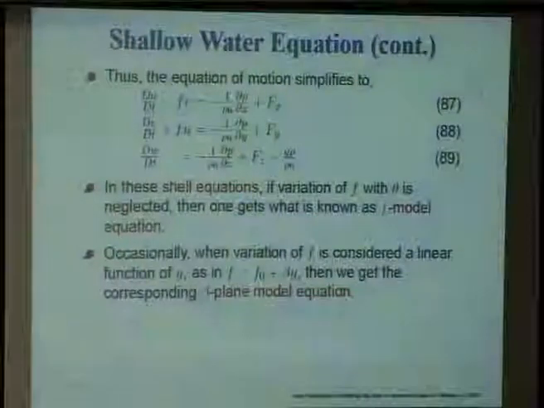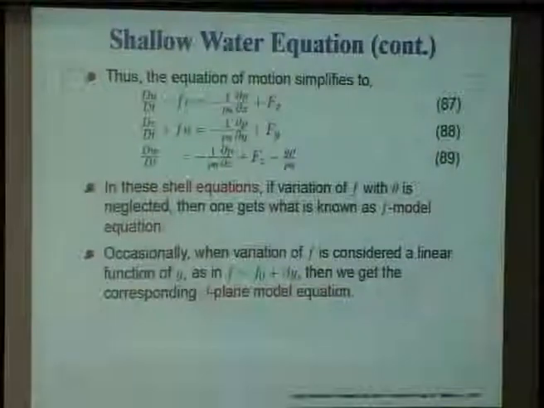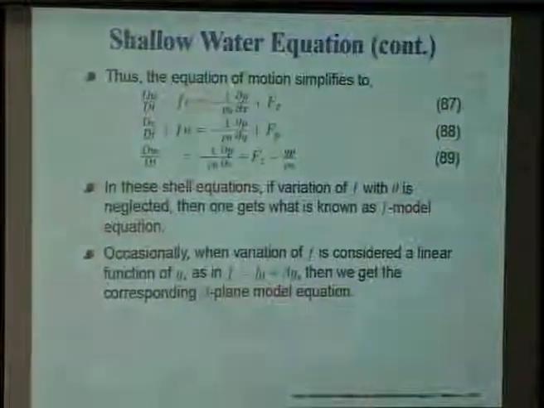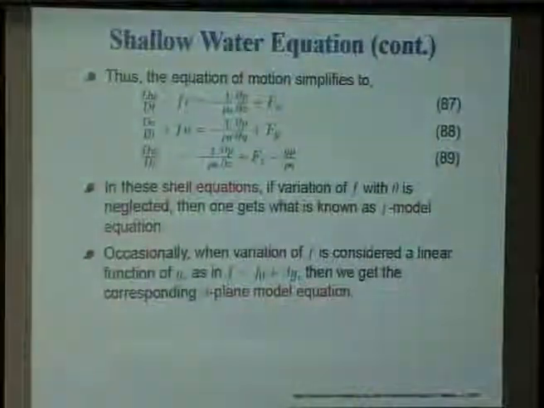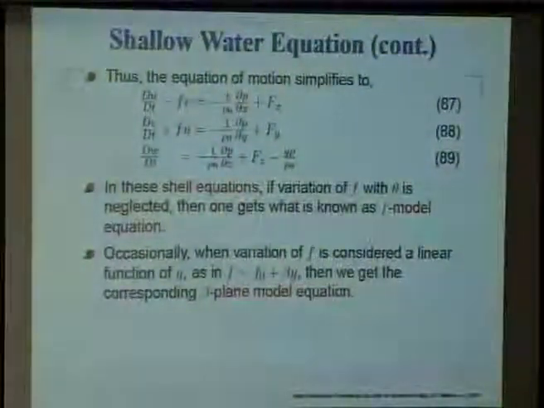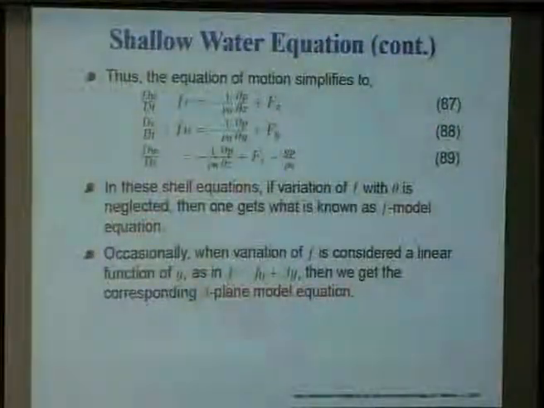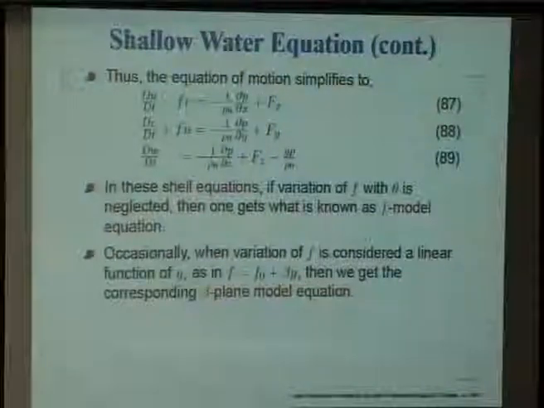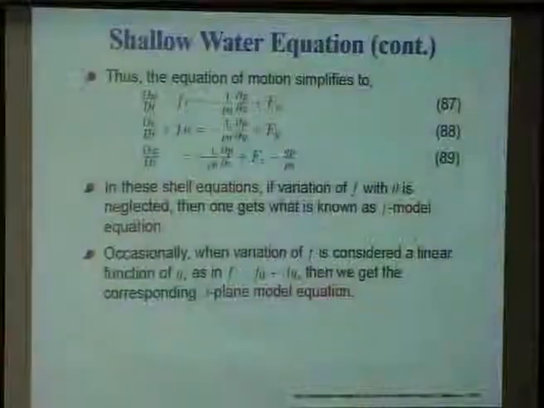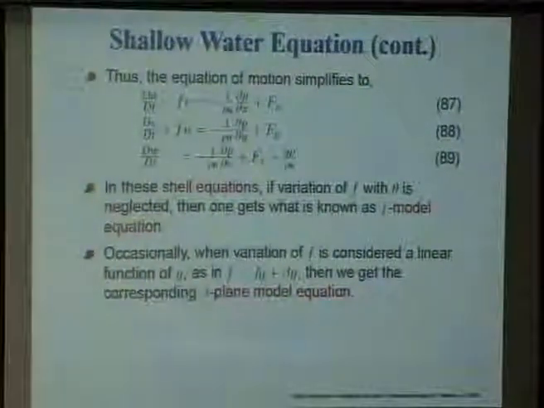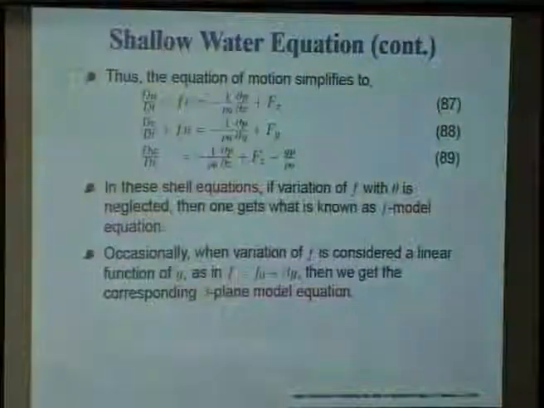So, these are equations 87 to 89 equations applied to the shell of liquid that we are talking about, be it the atmosphere or the ocean. It is a very thin shell, and if we neglect variation of f with theta, then we get what is called as a f model equation. And when we do include the variation of f with theta, we could write it in terms of f as a function of y, as we have written the mean value of f as f naught plus beta y.